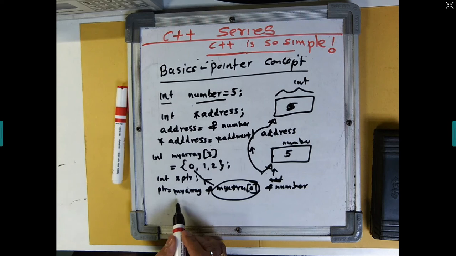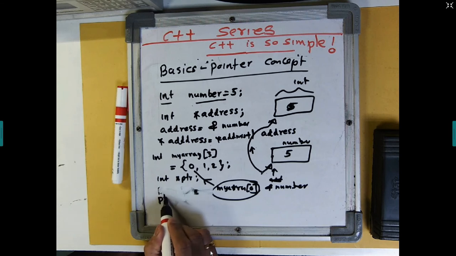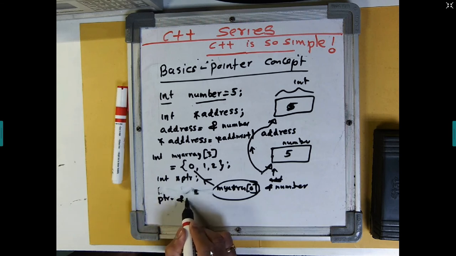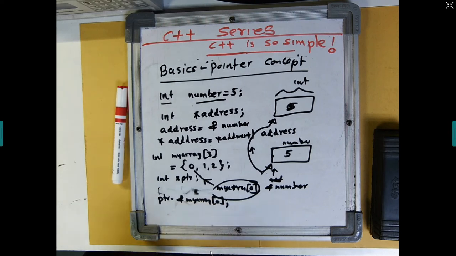It is the same thing. The easiest way is actually to write ptr is equal to address of my array 0. That means the pointer is pointing to the first element.